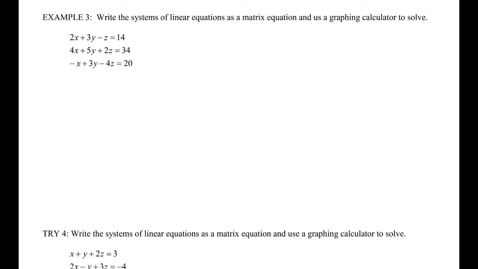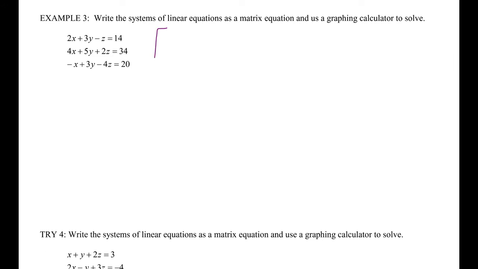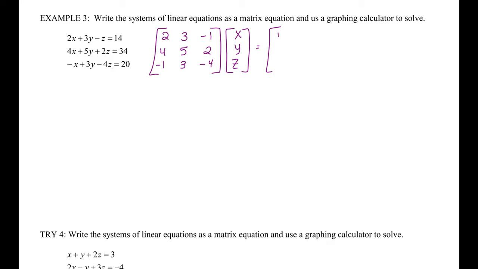So setting up my equation here, I would have 2, 3, negative 1, 4, 5, 2, negative 1, 3, and negative 4, and that would be multiplied by my variable matrix, and it would be equal to 14, 34, and 20.